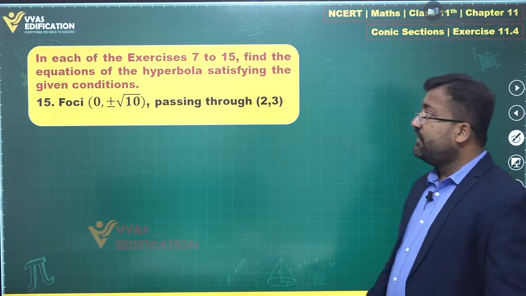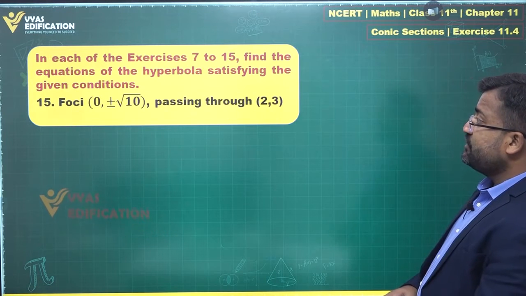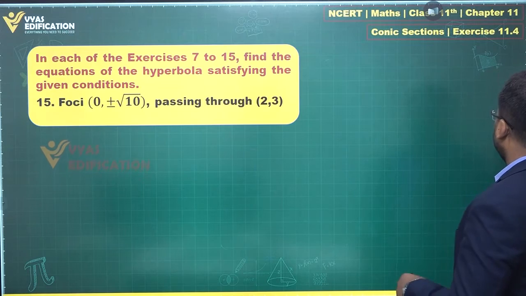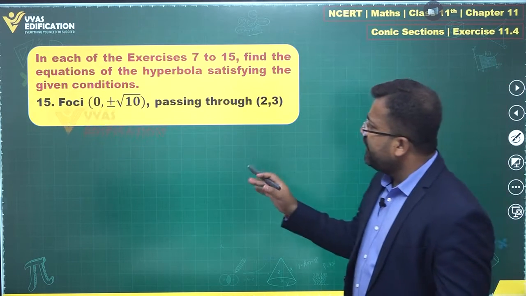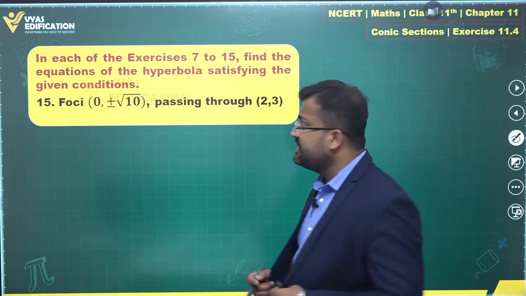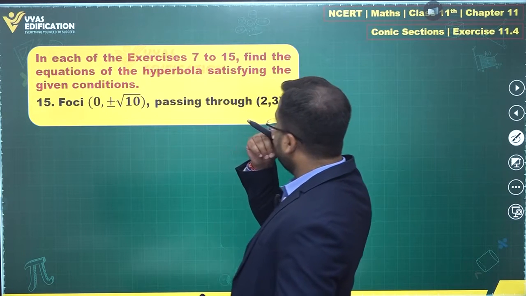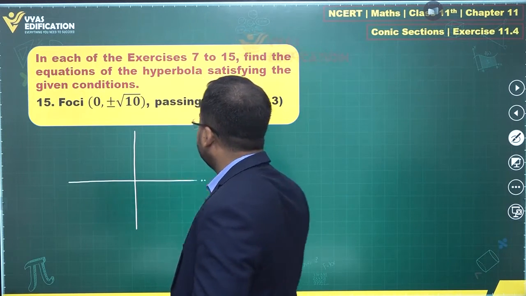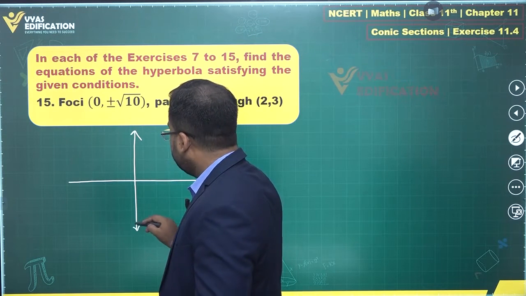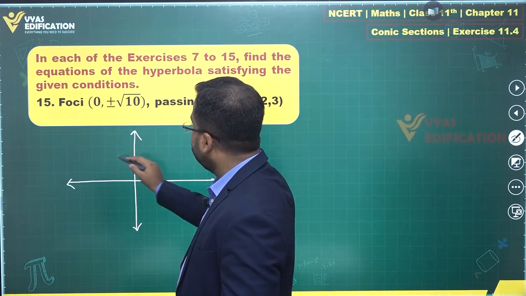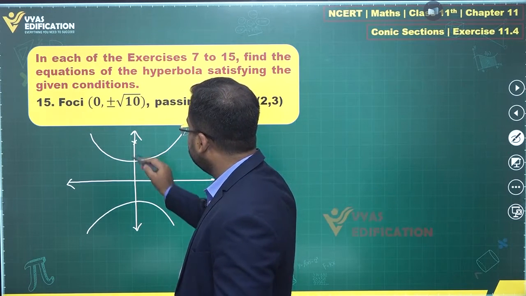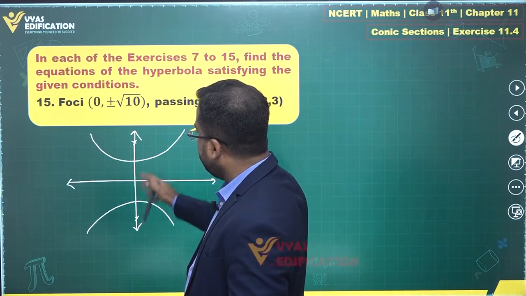In the 15th question, we have foci at 0, plus minus root 10 passing through 2, 3. Okay, foci at 0, plus minus root 10 implies foci lie on the y-axis. Yes. Okay, foci at this particular point. And what else? Since foci lie on these points along the y-axis, we can identify that foci lie along this.